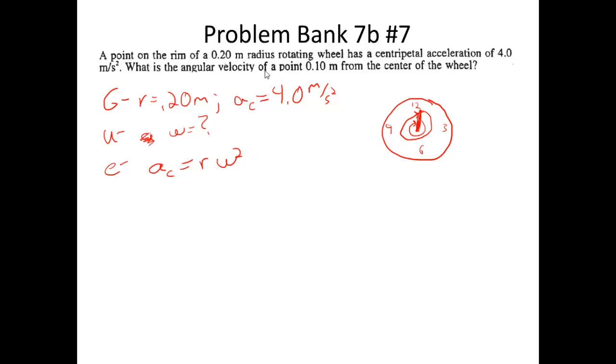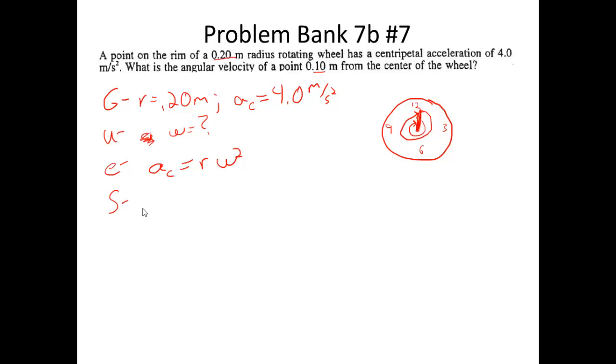So no matter if we are standing 0.1 meters from the center of the wheel or 0.2 meters from the center of the wheel, our angular velocity will be the same.